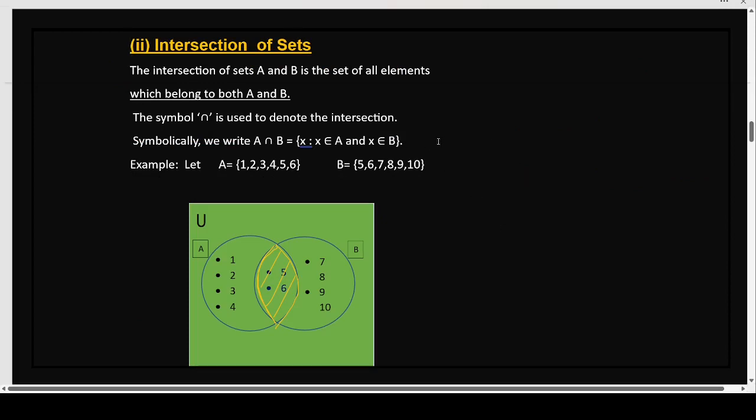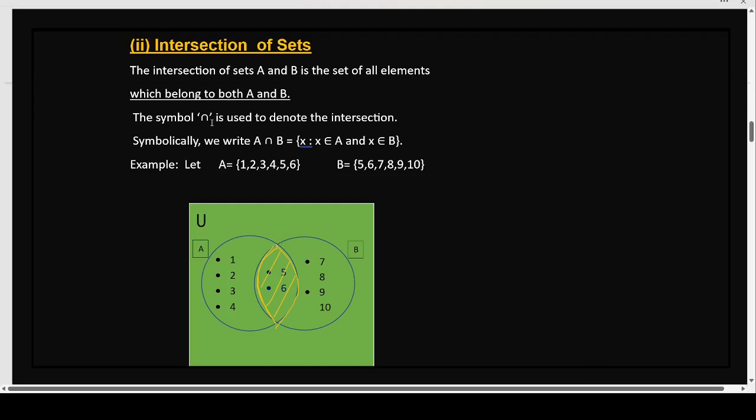Now the other operation is intersection of sets. Let us see, we'll take set A and set B. The set of all elements which belong to both A and B is called the intersection of the sets.